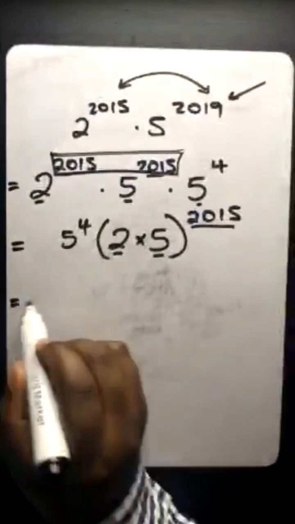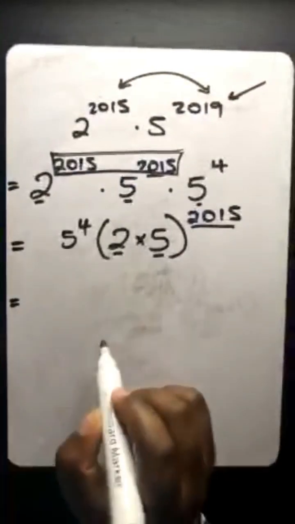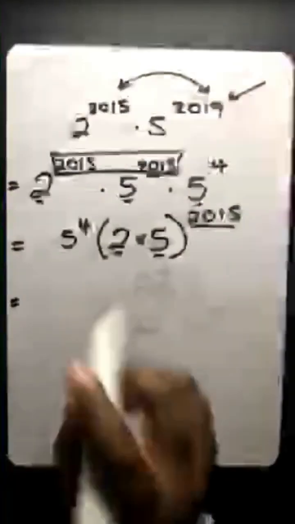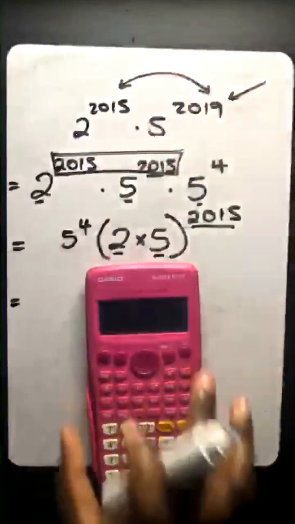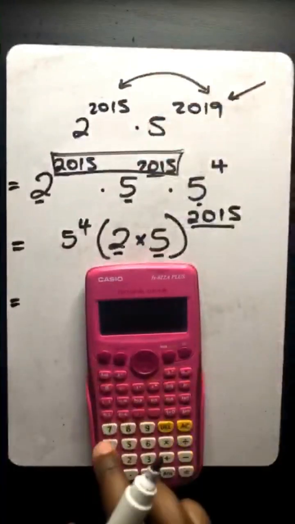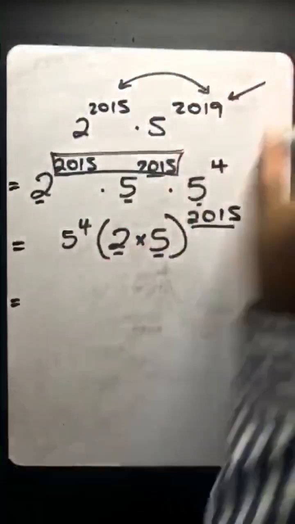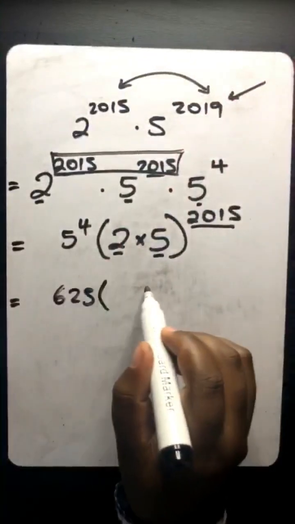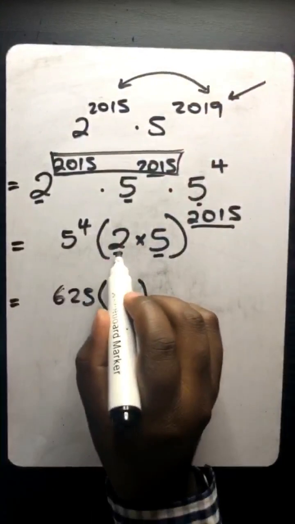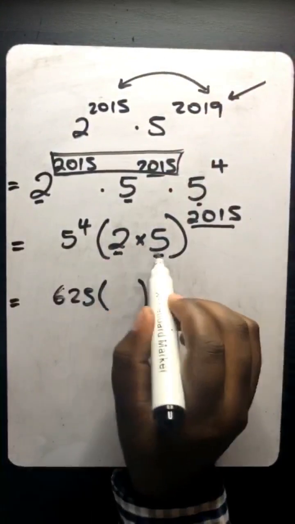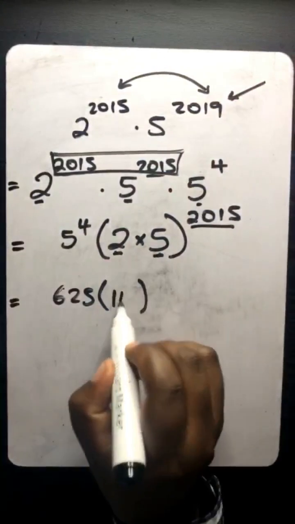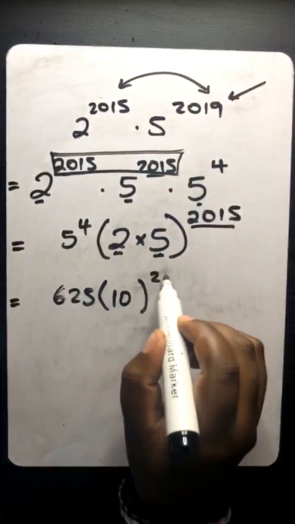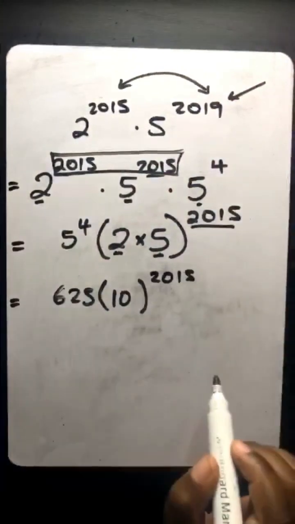So when you punch this on a calculator, what do you get? 5 to the power of 4 is 625. So it's 625 into, wait, 2 times 5 is 10. Yes, it's 10 to the exponent 2015.